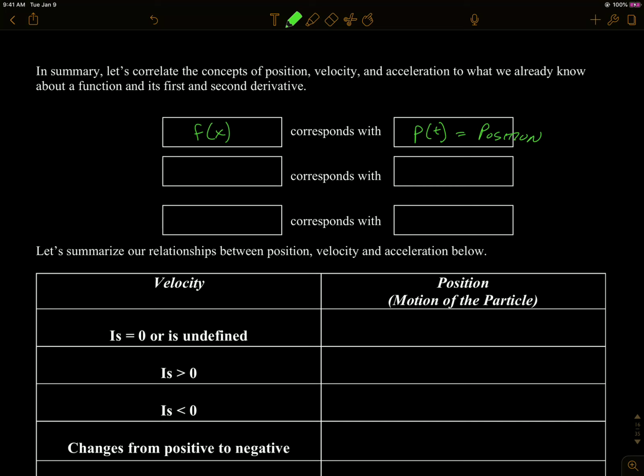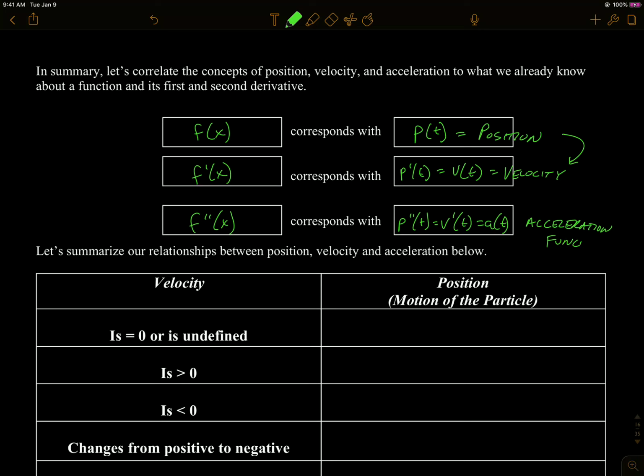So if we think of our position as our original function, then the derivative of that function would correspond with the velocity function. So the derivative of our position function is velocity. And then if we take the derivative of that, it's really the second derivative of our original function. It's the first derivative of our velocity function, and it's called a of t, which is our acceleration.